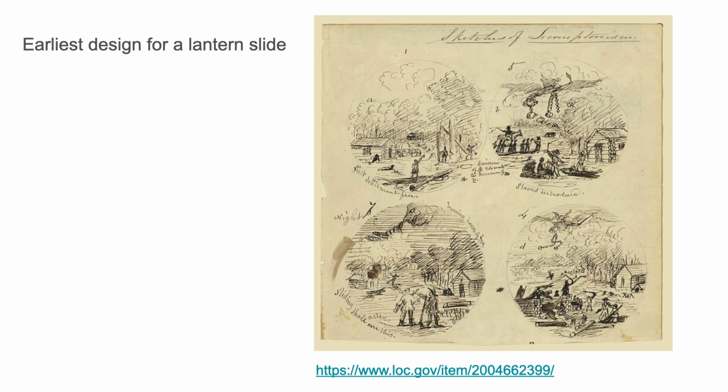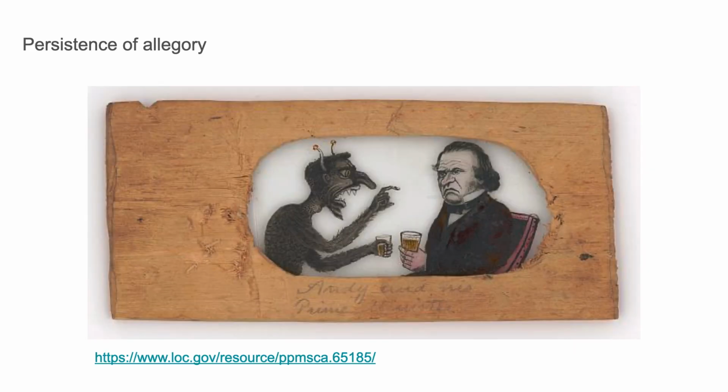And as you can see, it is hand drawn. This is a little bit more of an artistic and an interpretive lantern slide. This is Andrew Johnson supping with the devil. So again, kind of an interesting use to think of where this might have been shared.